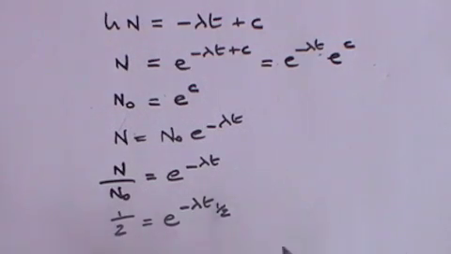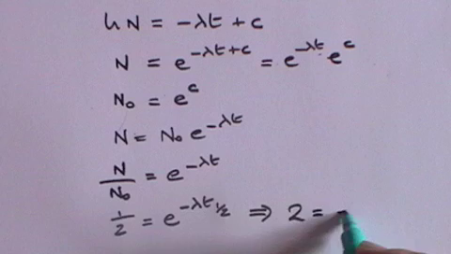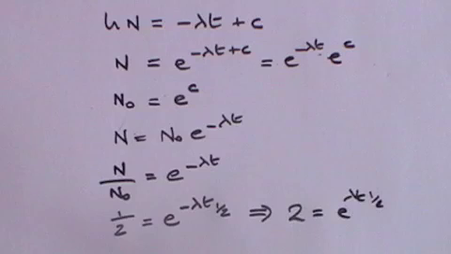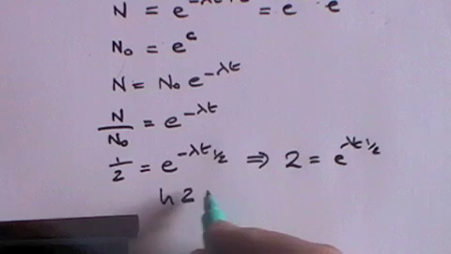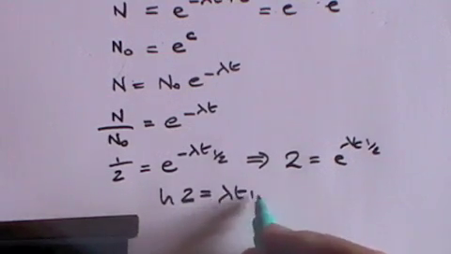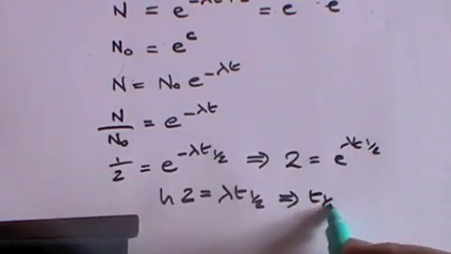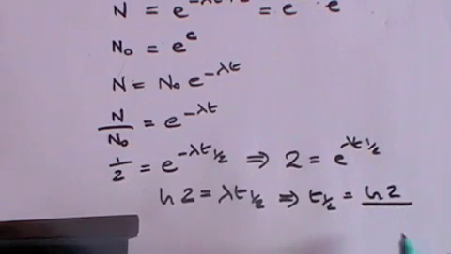Well, let's turn both sides of the equation upside down. That will give that 2 is equal to e to the lambda t to the half. And now let's log both sides. That means that you get log to the base e of 2 is equal to lambda t to the half, which means that t to the half is log to the base e of 2 divided by lambda.